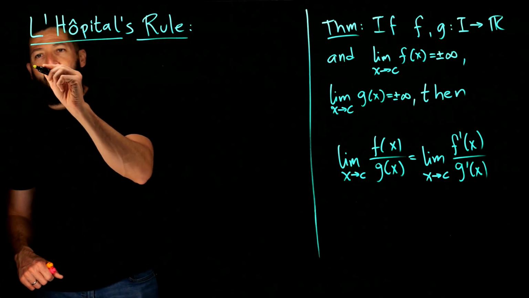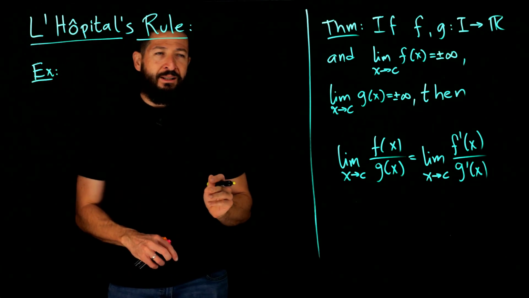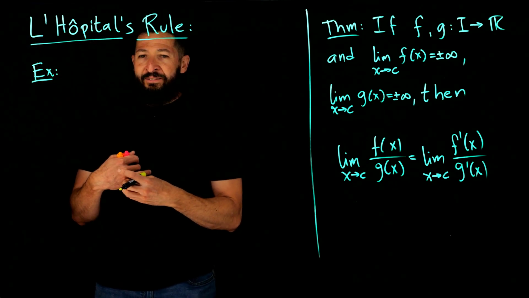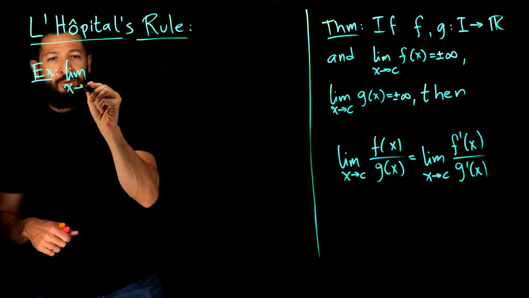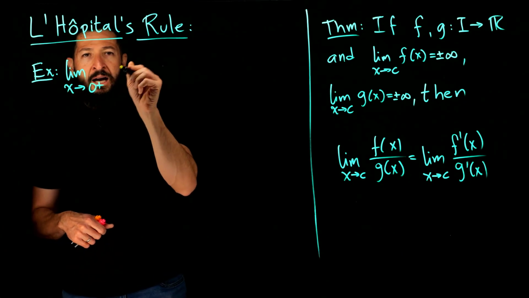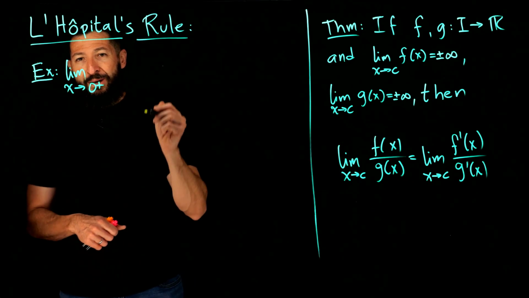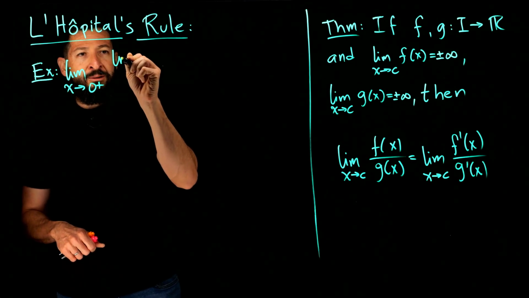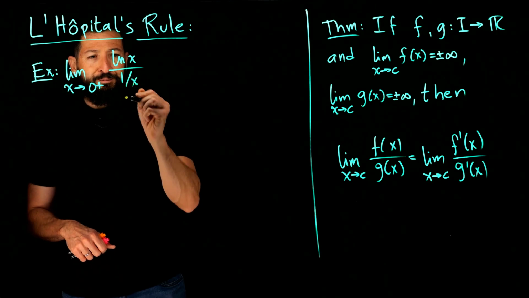So let's do an example real quick. I want to do one that usually is done in a different setting, but let's think about this. Limit as x goes to 0 from the right. And by the way, this can be one-sided limits as well, as evidenced by my example, of the natural log of x over 1 over x.